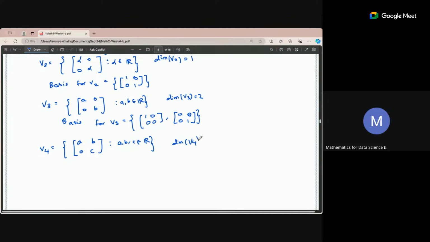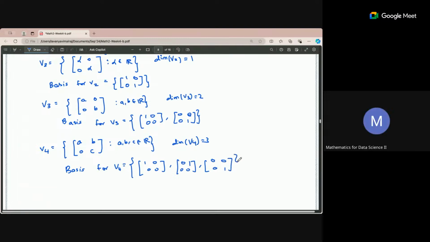And what can be a basis for V4? The matrices [1, 0; 0, 0], [0, 1; 0, 0], and [0, 0; 0, 1].